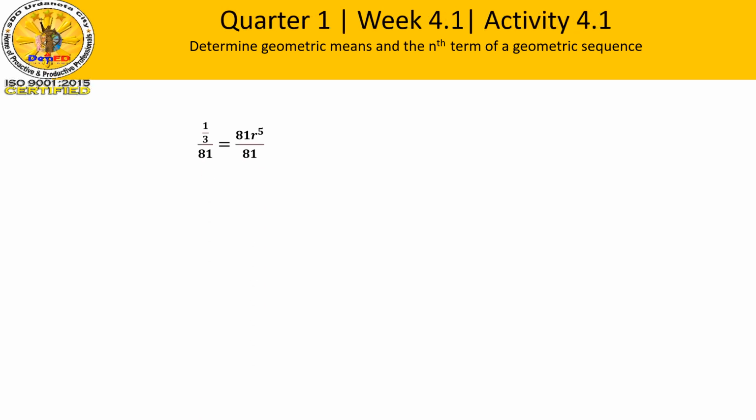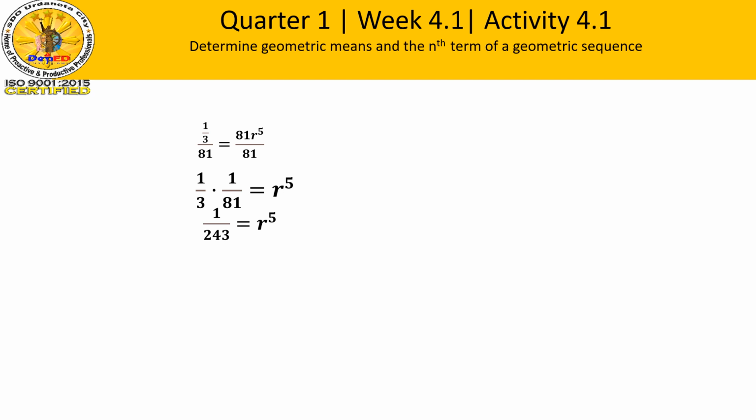So here, we'll have to eliminate 81 by dividing both sides by 81. So we have now 1/3 times 1 over 81 is equal to r raised to 5. Then therefore, we have 1 over 243 is equal to r raised to 5.